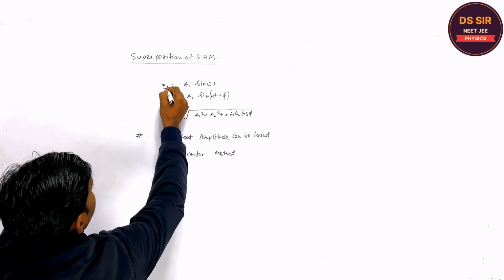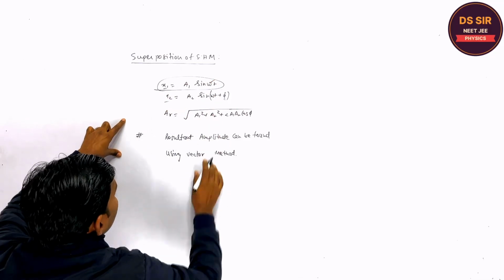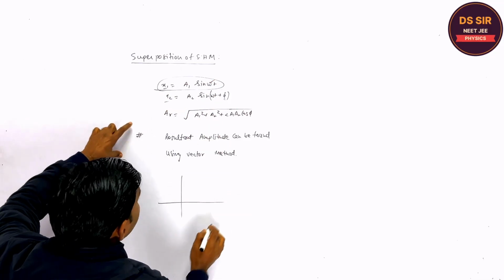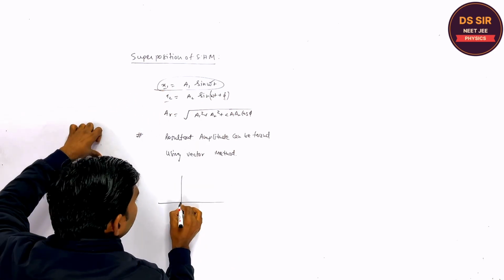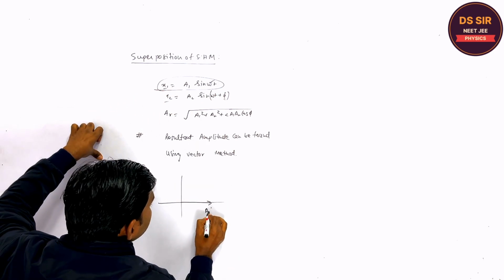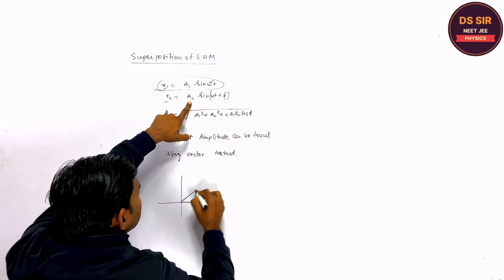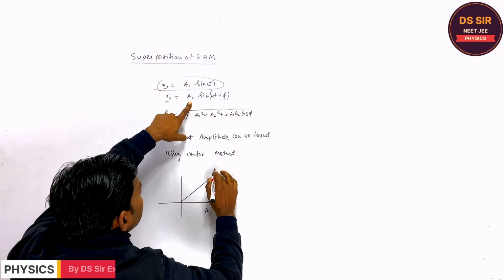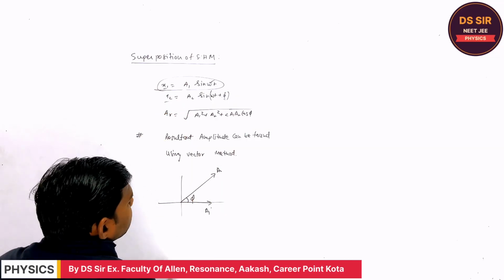If this is the x1, this is the x2, right? The initial phase is omega t. So to find the resultant amplitude, its amplitude is a1. You will take this amplitude a1 as a vector, and this is the amplitude a2 at angle phi.